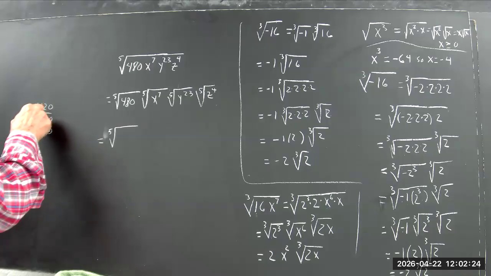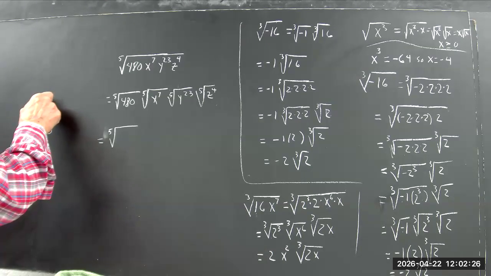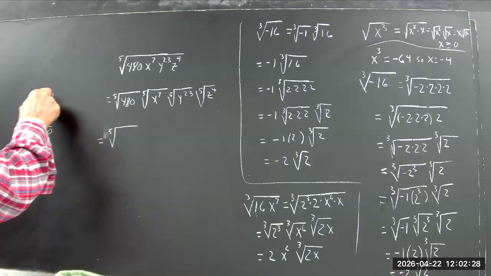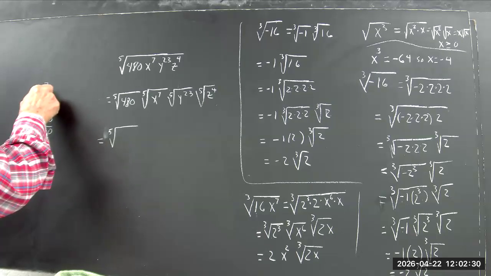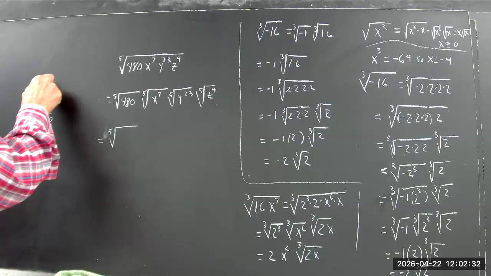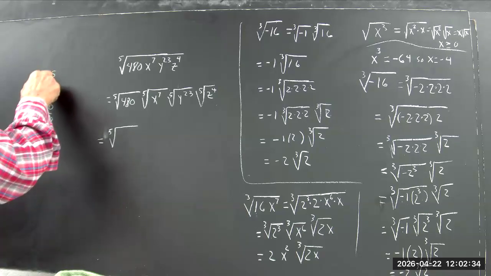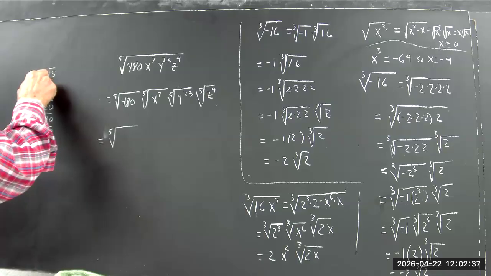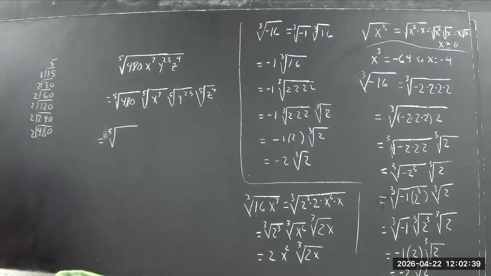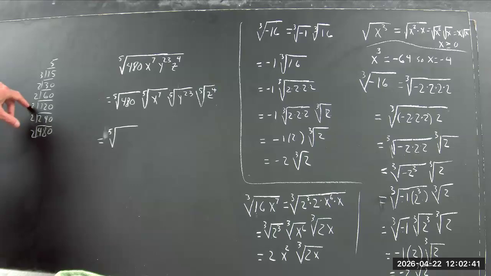Divide that by 2, we get 120. Divide that by 2, we get 60. Divide that by 2, we get 30. Divide that by 2, we get 15. Divide that by 3, we get 5. Again, I'm dividing by the smallest possible prime number each time.